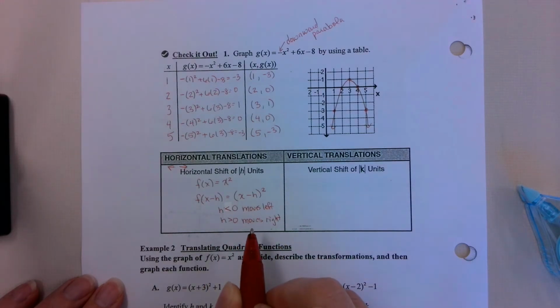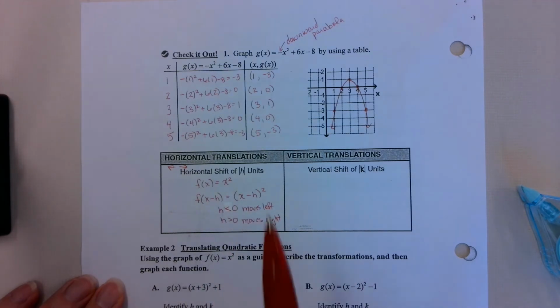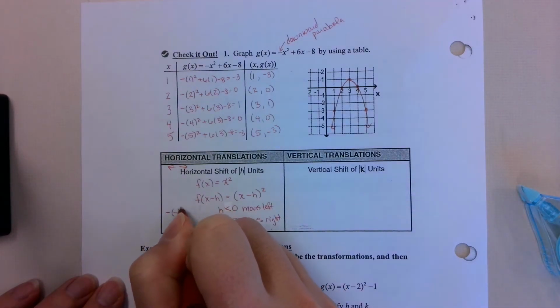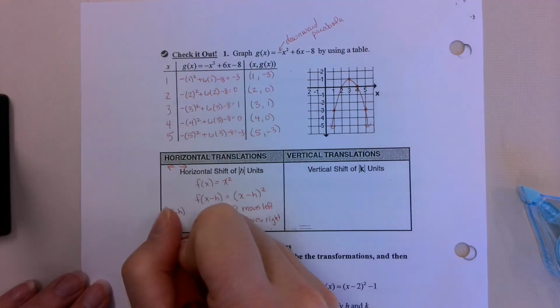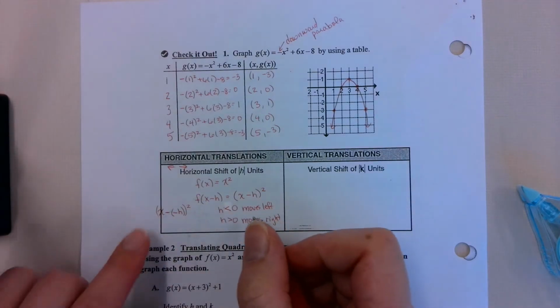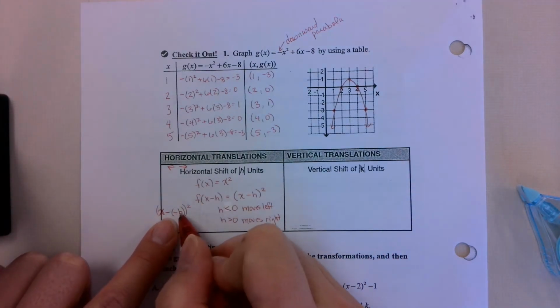But the problem is it doesn't look that way. See how this has x minus h? And the idea is if I have a negative h, what happens to that? I have this x minus in here. See how I have x minus a negative h?